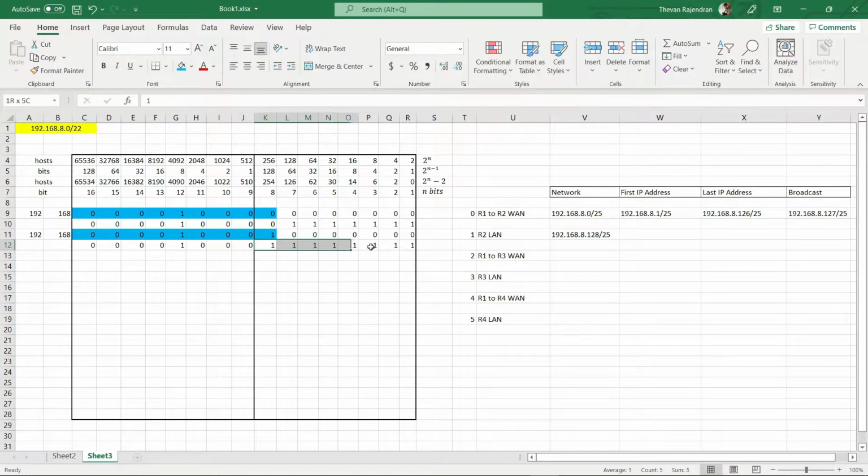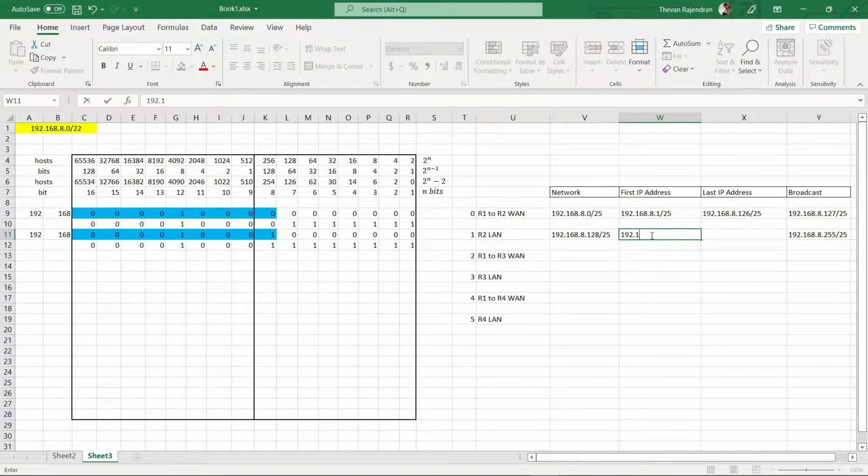And since all the 8 bits are 1, the total IP address will be 256. And after minusing 1, we will be getting 255. That will be the broadcast IP address. And the first and last IP addresses.